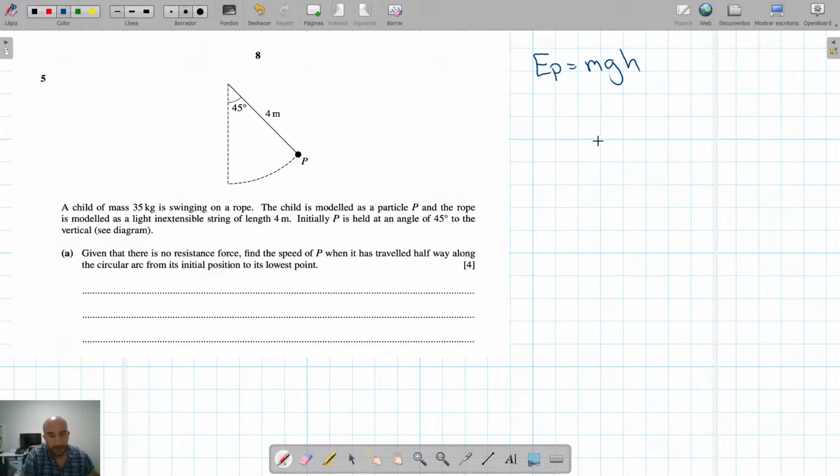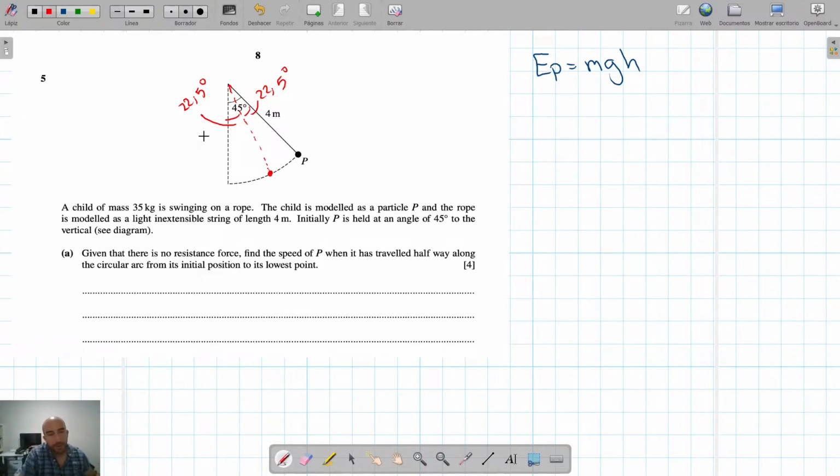And we know that when it reaches the point that they're asking for in question A, the position is halfway along, so that's 22.5 degrees, and the other one is 22.5 too, because 22.5 and 22.5, that's 45.